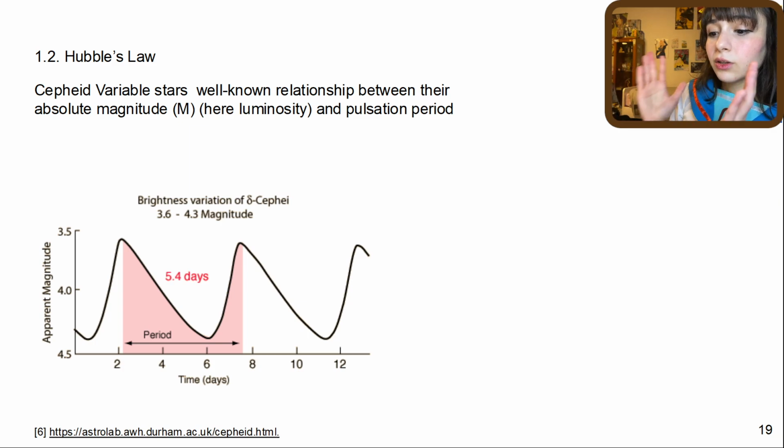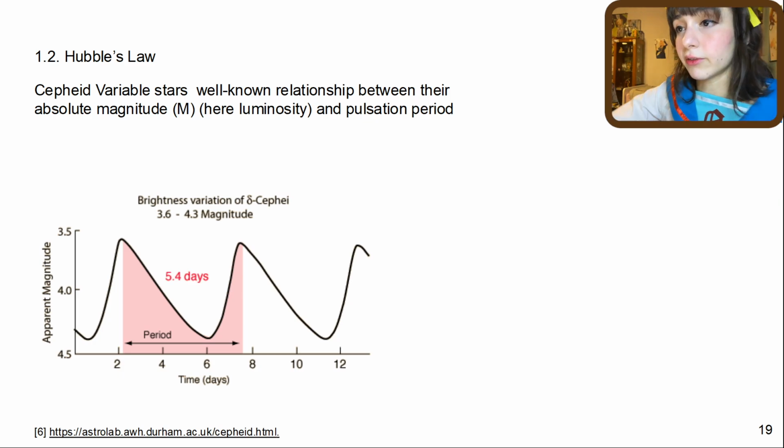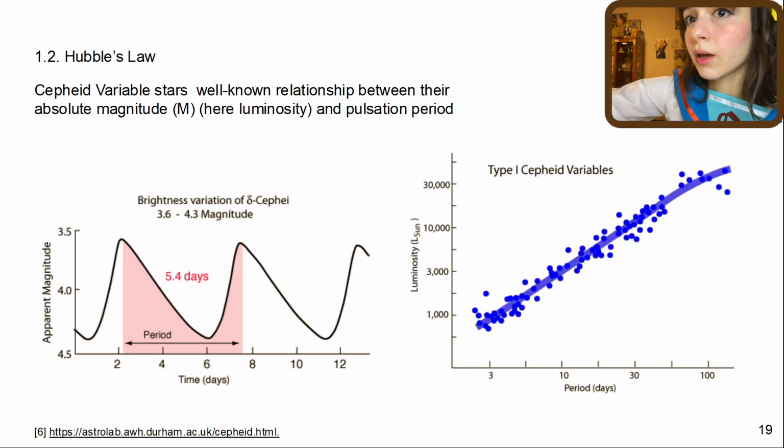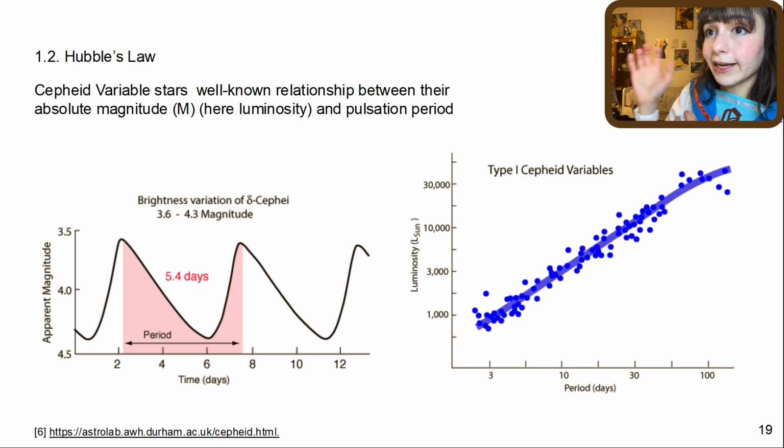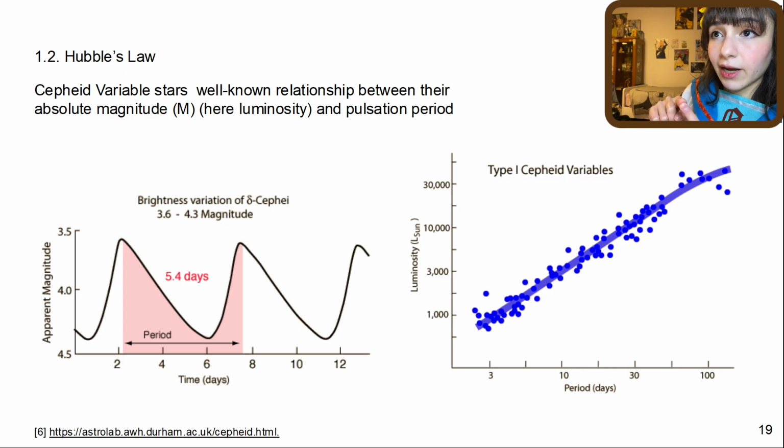But you basically look at the star for a given amount of time, and from this you can extract the period for a given Cepheid variable. Following this, you can look at these luminosity-period charts and identify the period that you found in the star that you looked at.